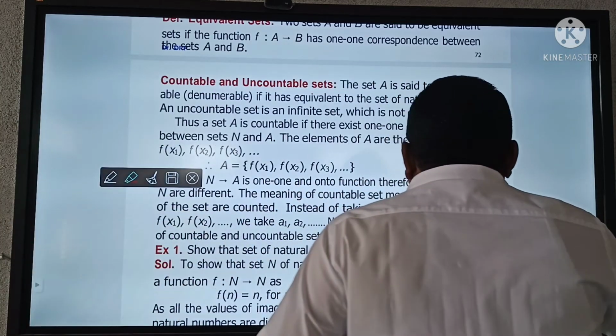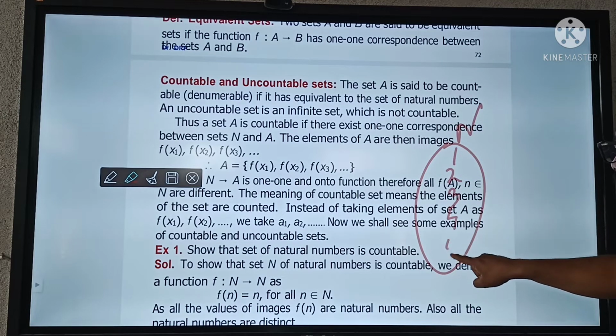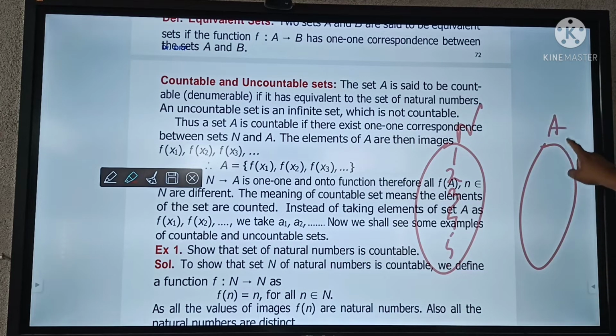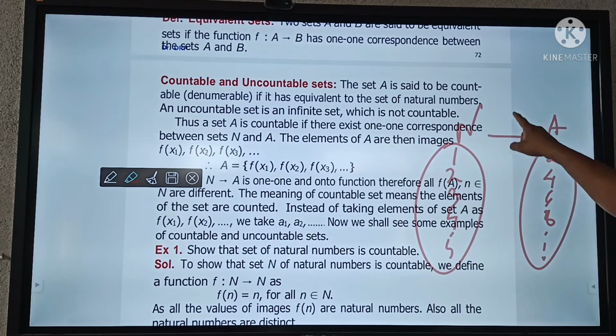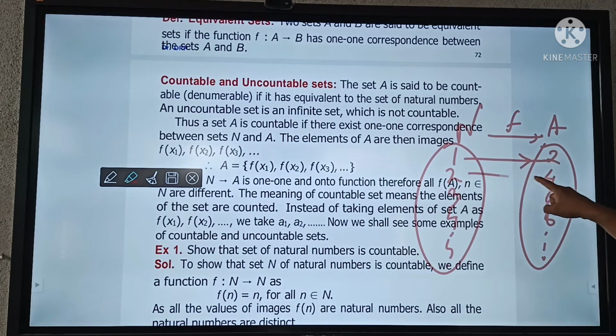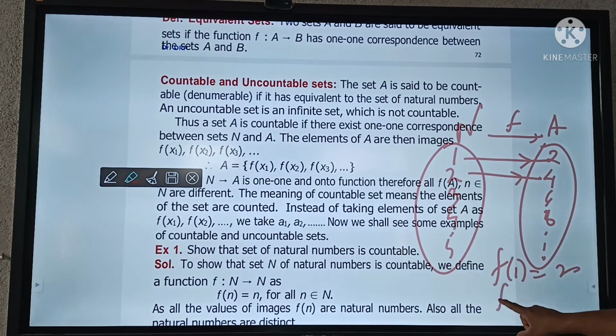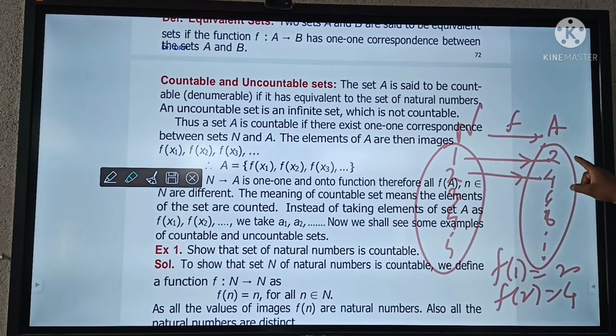We have taken N, the set of naturals, 1, 2, 3, 4, 5, and A, the set 2, 4, 6, 8 in this way, and f is a function from set N to A. Then 1 is related with 2, 2 with 4, meaning f of 1 is 2, f of 2 is 4. So the elements of set A can be written as f of x1, f of x2, f of x3, f of x4 in this way.